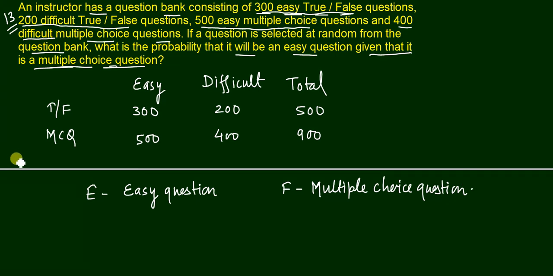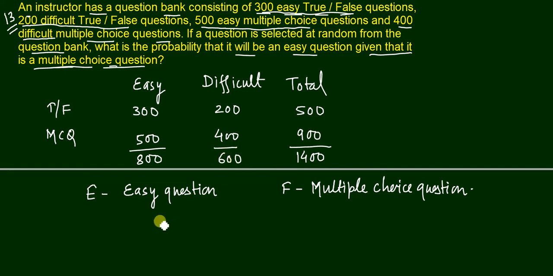To find the probability, we must know the total number of questions. So the total number of questions will be what? 500 plus 900 is 1400. Total 1400 questions are there. Okay. So how many questions are easy? 300 plus 500, that is 800 questions are easy, and 600 questions are difficult.